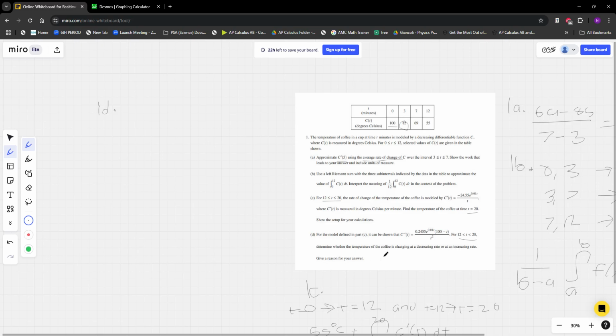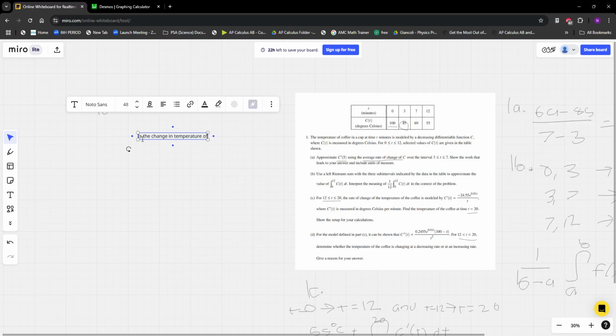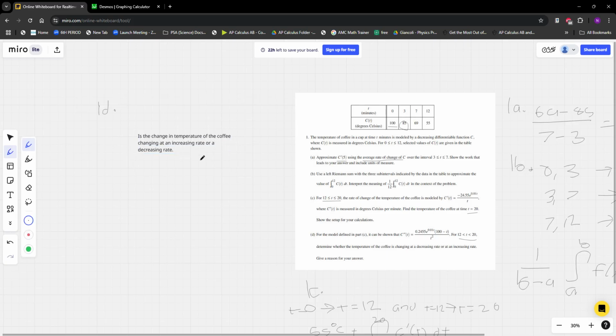So what it's asking is, is the temperature of the coffee changing at an increasing rate or a decreasing rate? The change in temperature of the coffee is referring to this first function.